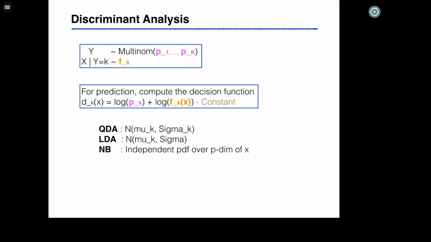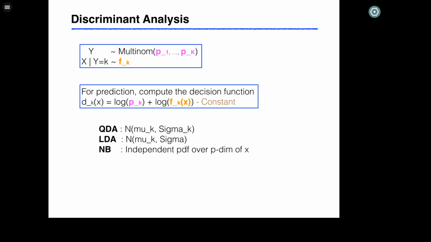And depending on how we model the p-dimensional feature, meaning how we specify f sub k, if f sub k is a normal distribution with different means and different covariance matrices, then that's known as QDA. If we restrict the sigma to be the same, that's called LDA.